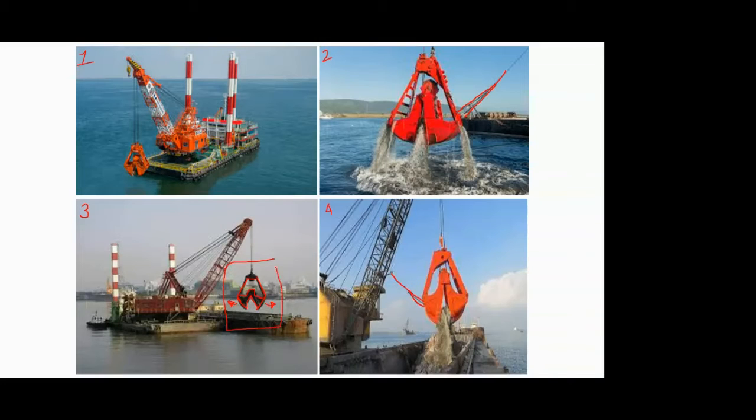In figure number 3 or in all the figures, this shape or this accessory that you see is nothing but the grab bucket or the clamshell. And then this is the revolving crane that you have, and this is the boom of the crane, and everything else is the same as it was shown in the sketch. So it's nothing different.